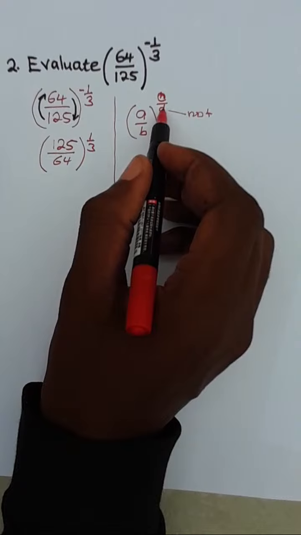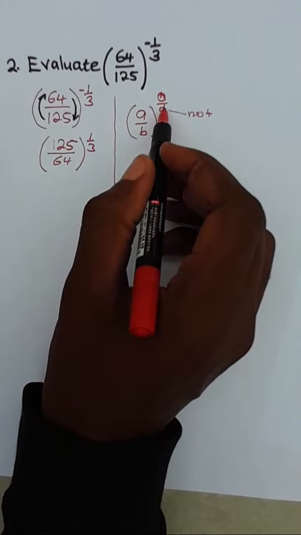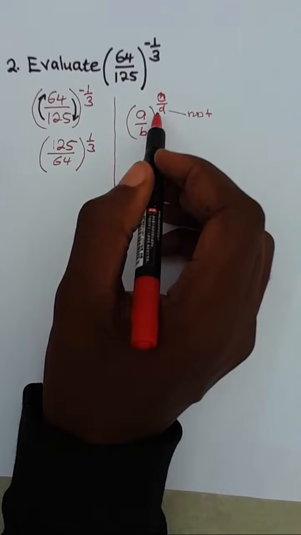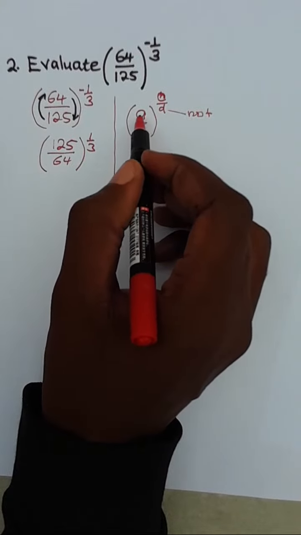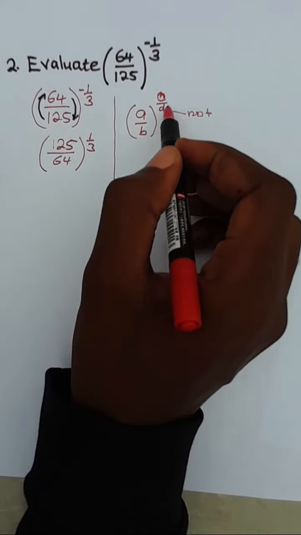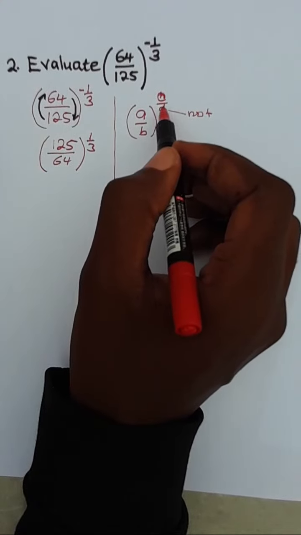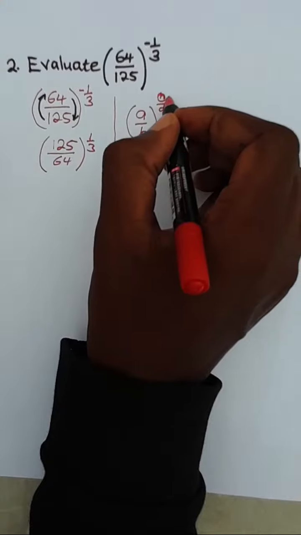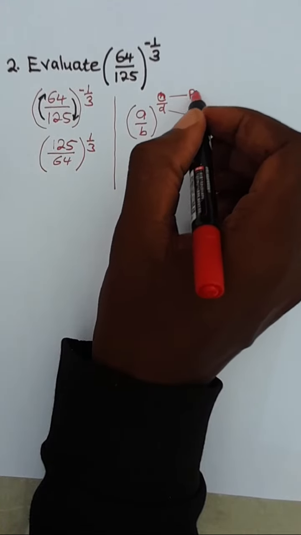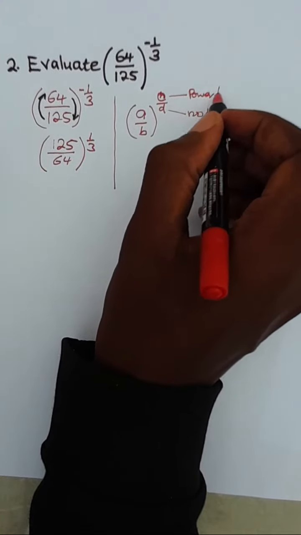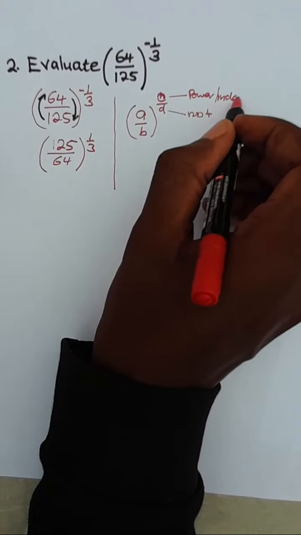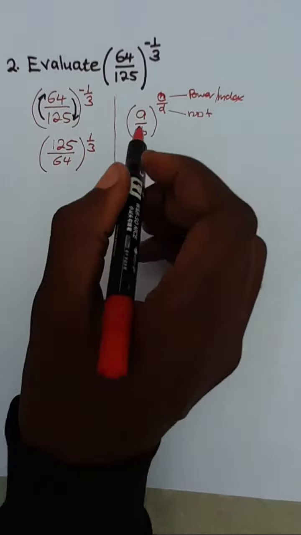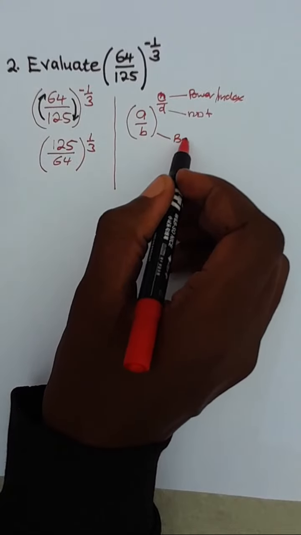If the denominator d is 2, it means they want you to find the square root of the base. If it is a 3, it means they want you to find the cube root. If it's a 4, it means they want you to find the fourth root. Then c is the power, or the index, or the exponent. Then a over b is the base.